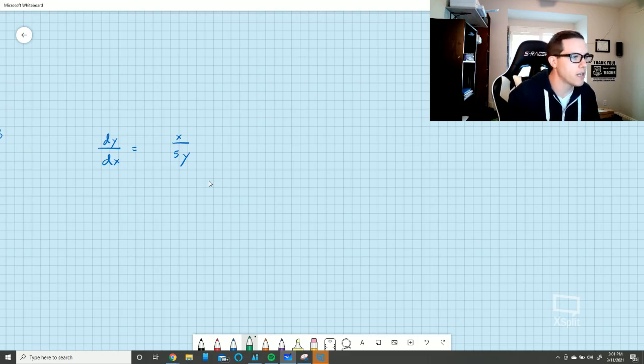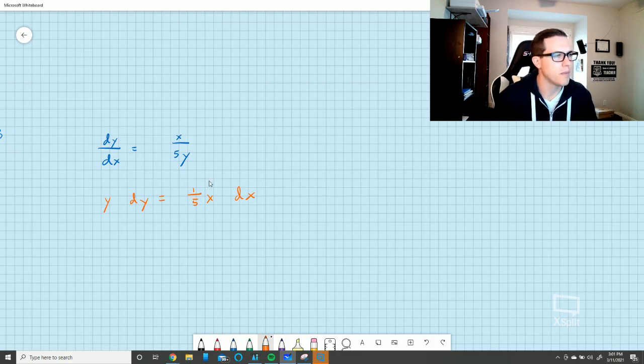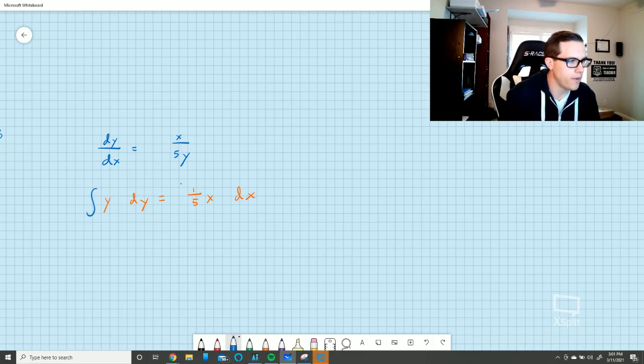And now I said in the last one, keep coefficients on the side with the x. So I'm going to multiply both sides by y, move the dx to the other side, but keep it as 1/5 x dx. Even though that looks a little gross, it's going to be better in the long run. Trust me. Now we're ready to integrate both sides with respect to its variable.